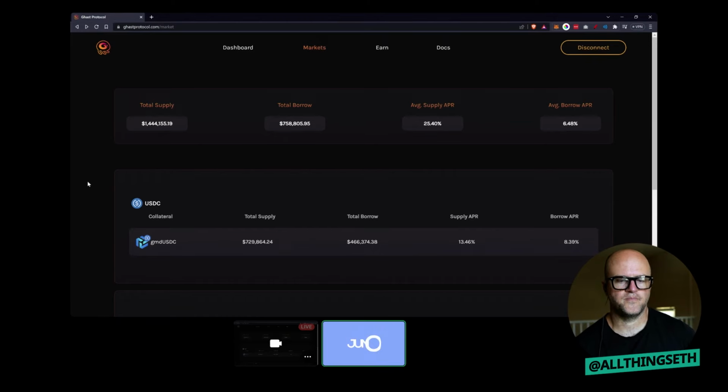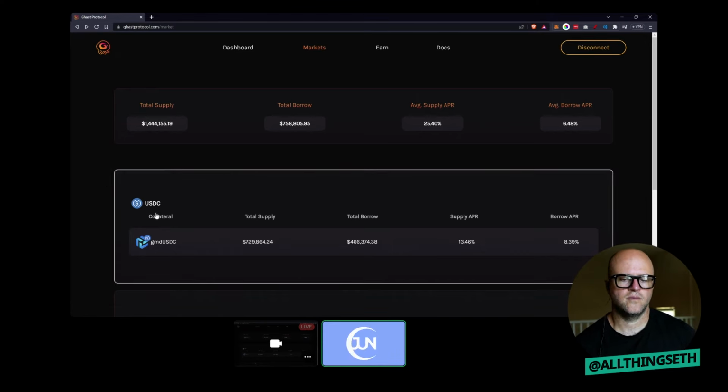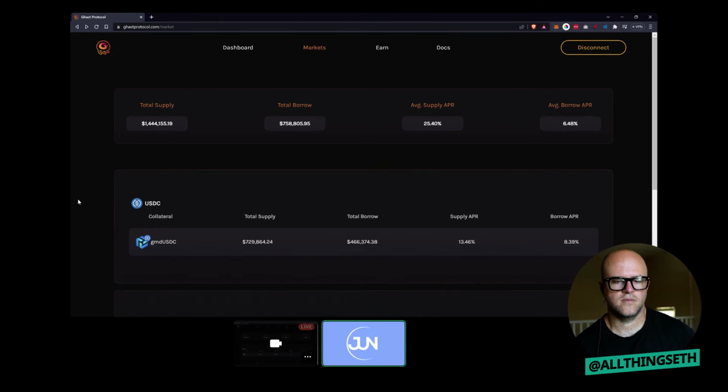You can lend that token on our platform and borrow, let's say, USDC. This lets you essentially take GMD USDC, borrow USDC, and then deposit it back into GMD USDC and loop it to earn yield. One thing that differentiates us from any other lending market is we are liquidation free. Because the assets are correlated, it's nearly impossible to get liquidated with the way things are set up.